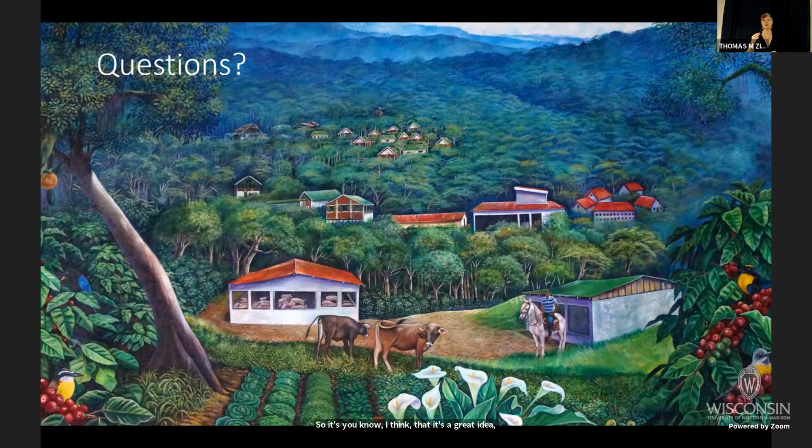I think in some places it works really well. I know there's a very famous cooperative in Honduras that has done amazing things for their members. And there's a coffee company here in Madison that works with communities in Mexico.